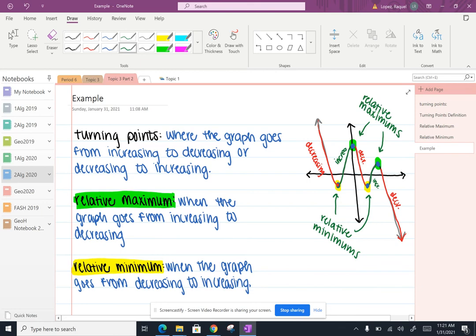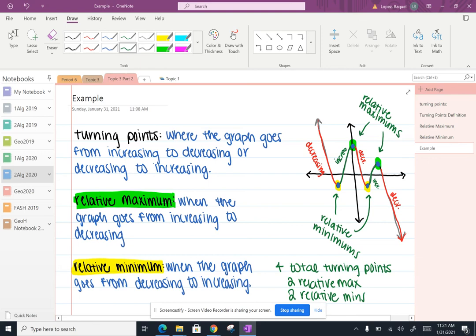If we were to ask you how many total turning points there are on the graph, well, there are 4 total turning points, because we've got 2 relative maximums and 2 relative minimums.